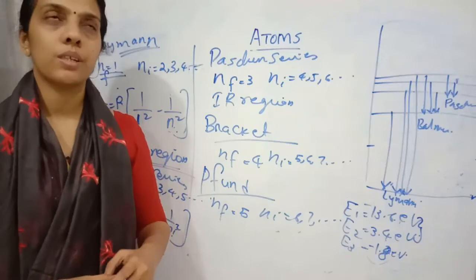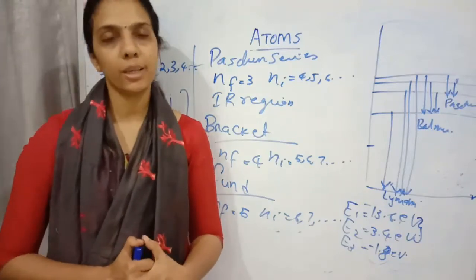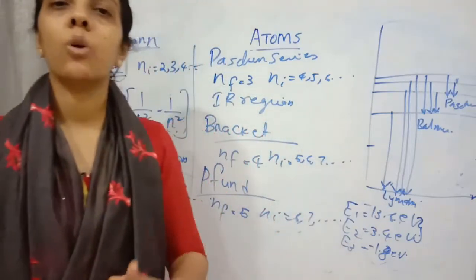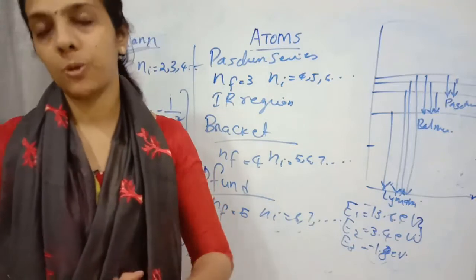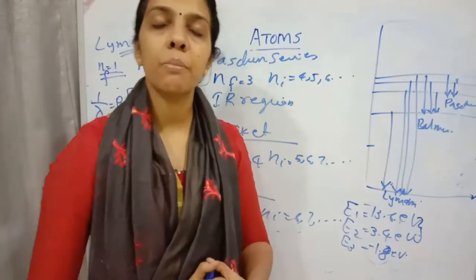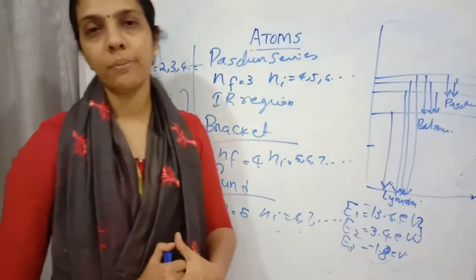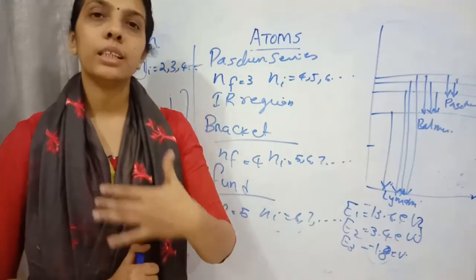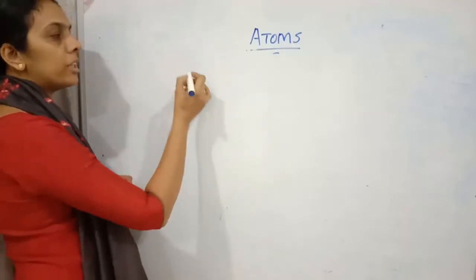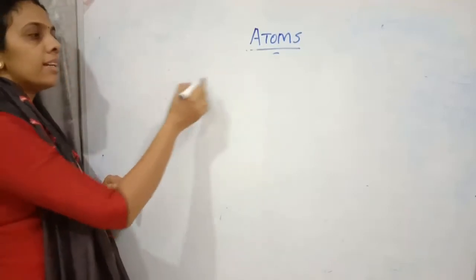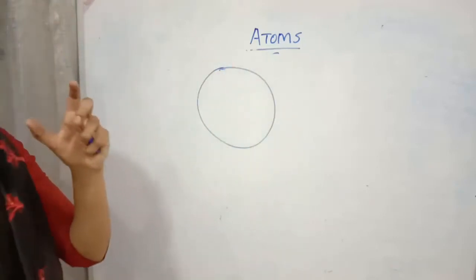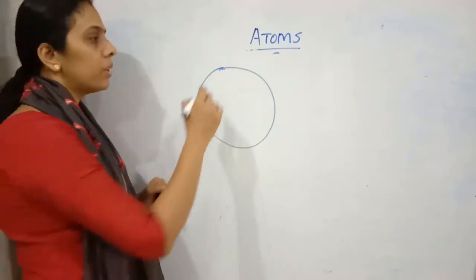Then next we are going to study the de Broglie hypothesis. How can we relate de Broglie's wave nature to Bohr's postulate? We already learned that angular momentum will be an integral multiple of h by 2 pi. Using de Broglie's hypothesis, we are going to prove that. According to de Broglie, each orbit will contain an integral number of wavelengths.